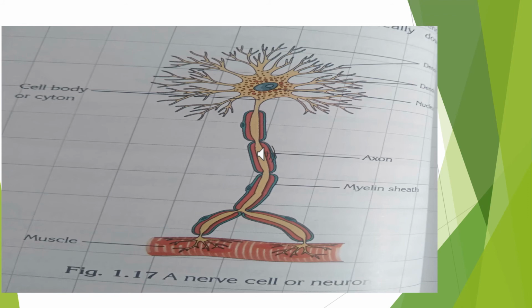Nerves are thread-like structures that form an interconnected network throughout our body. They transmit messages between the brain and the body. Nerves are made up of many nerve cells or neurons. There are three types: sensory nerves, motor nerves and mixed nerves.